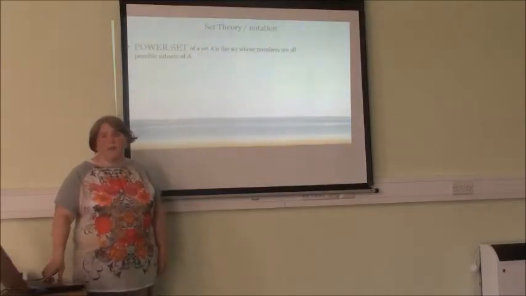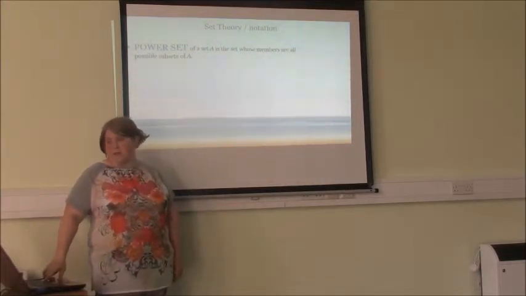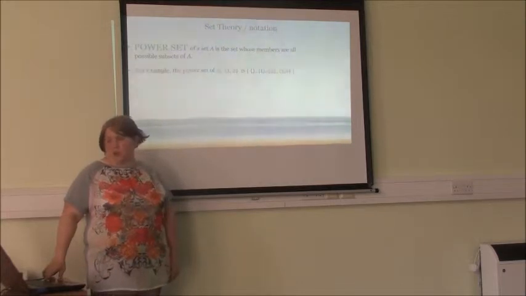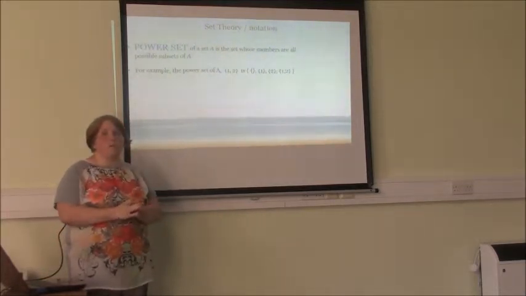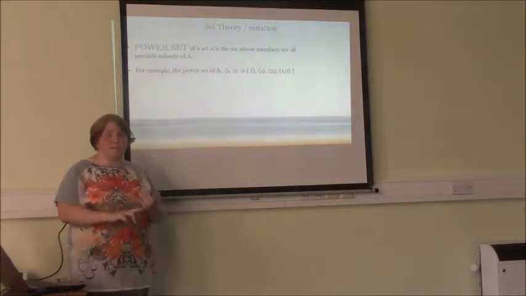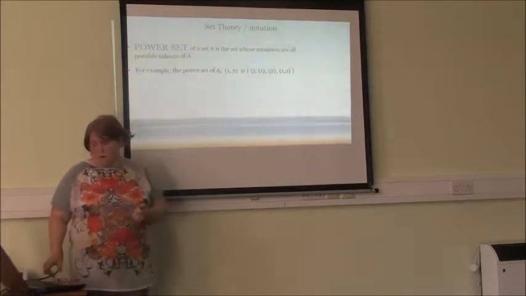The last one I just want to cover is power set. You see the word power set quite a lot. If you've got set A, then the power set is all the possible subsets of A. So if we have A as the set 1 and 2, the possible subsets are the empty set, the set of 1, the set of 2, and the set of 1 and 2.